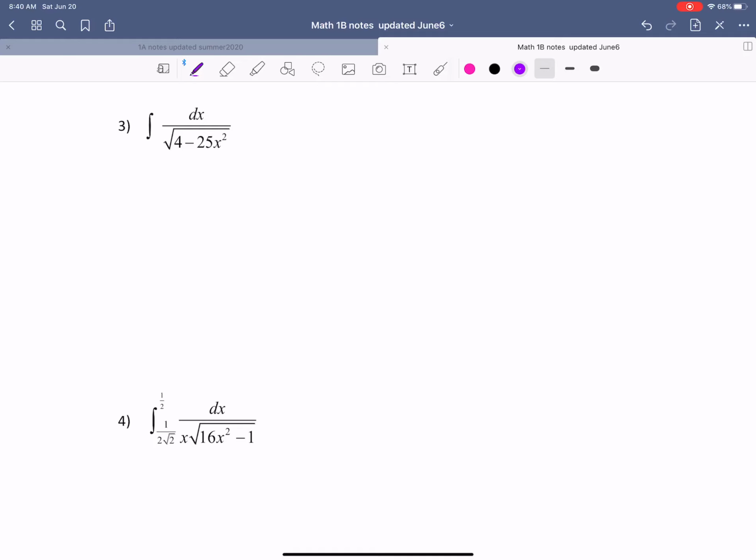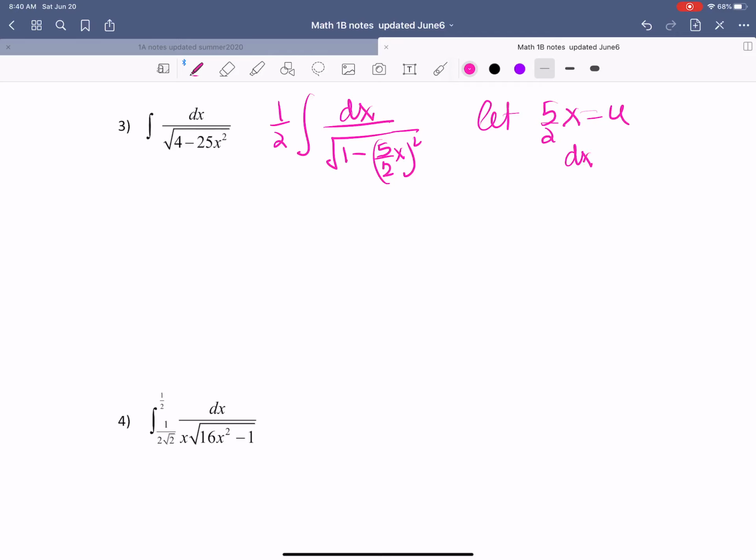Again, the same kind of technique. I'm going to pull out a square root of 4, which is 1/2 outside, and I would be left with 1 minus (5 over 2x) squared. Let 5 over 2x be u. That means dx is 2/5 du.